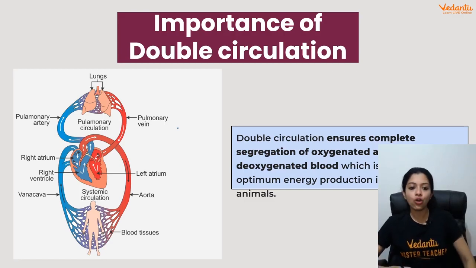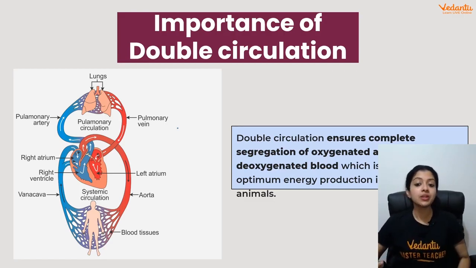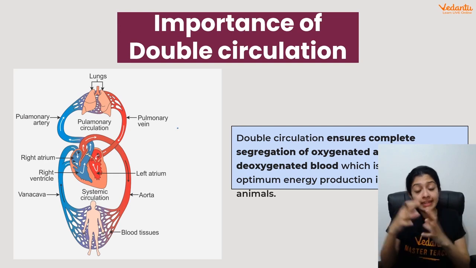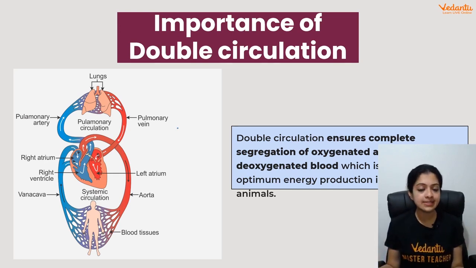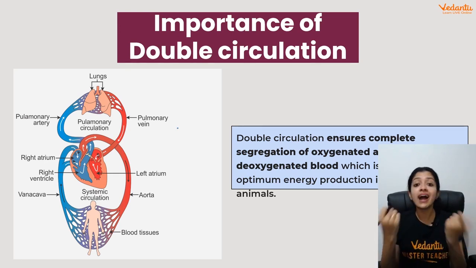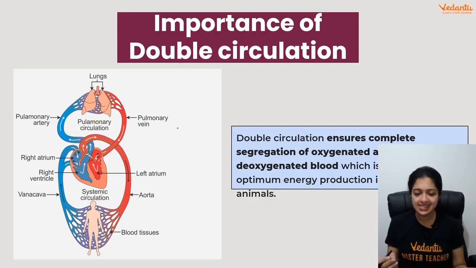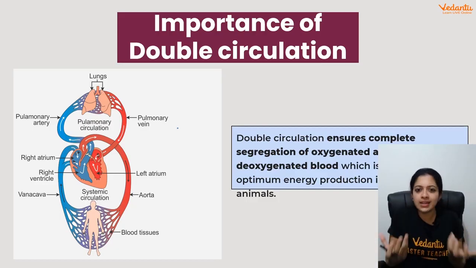So why is this important? Why is double circulation important? Because in higher organisms like birds and mammals, we have really, really high energy needs. And as a result, our bodies are not designed in such a manner that we can afford the time to separate out that oxygenated and deoxygenated blood.